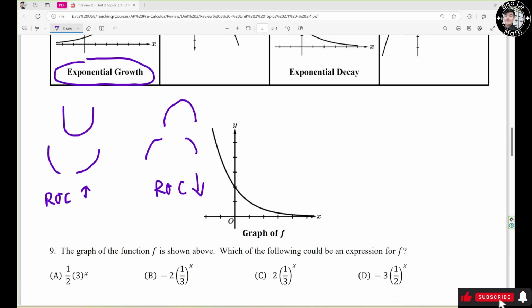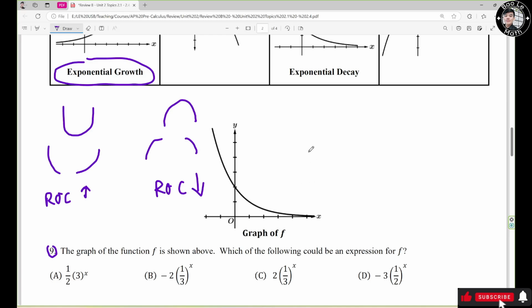Alright, now let's take a look at the first example, example number 9. The graph of the function f is shown above. Which of the following could be an expression for the function f? Now we know that the function f is decreasing, so this is a decay function.